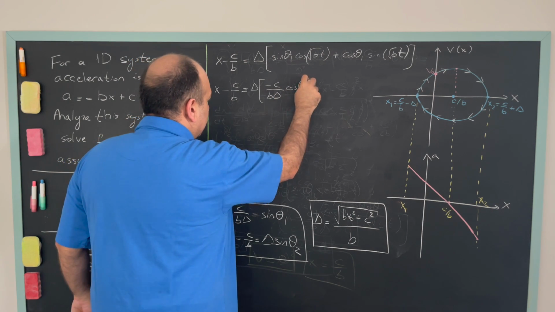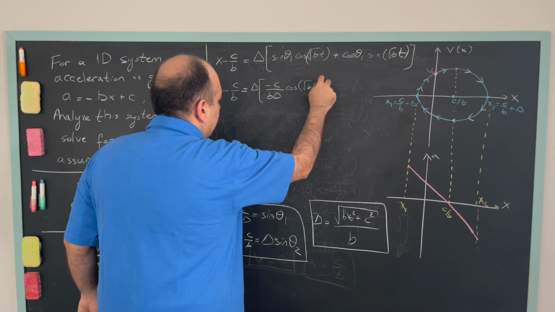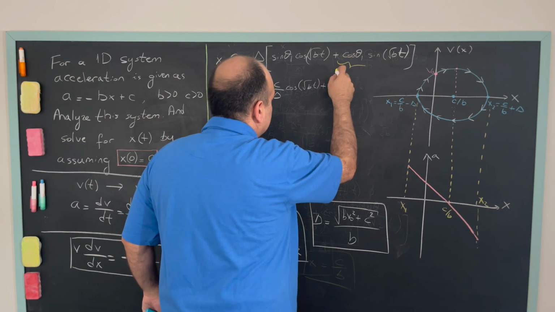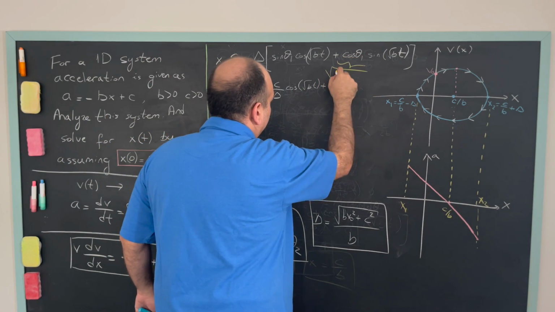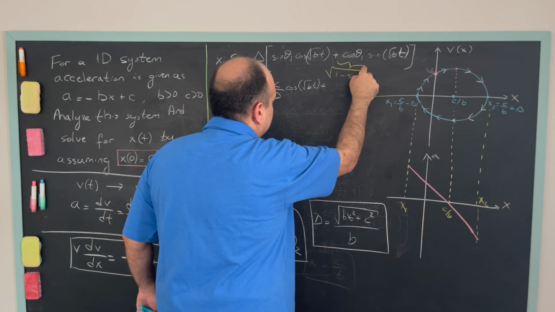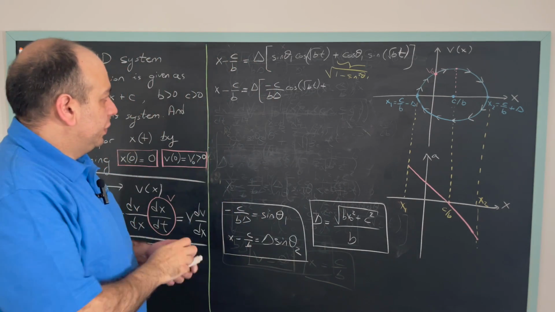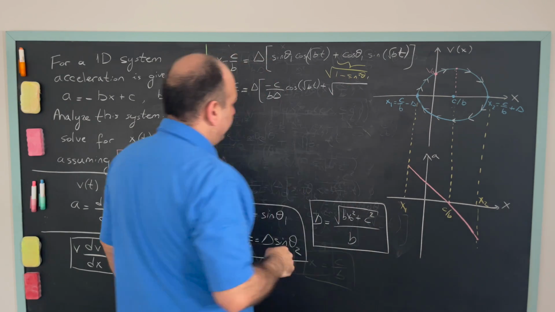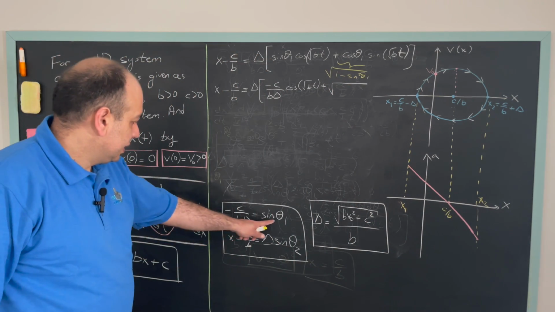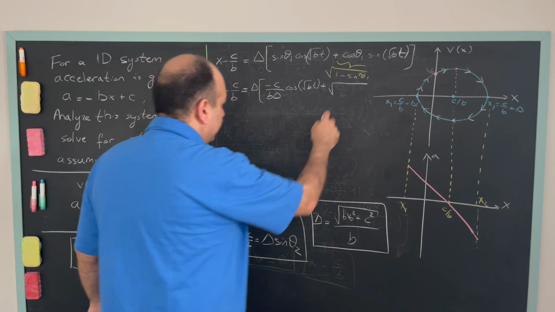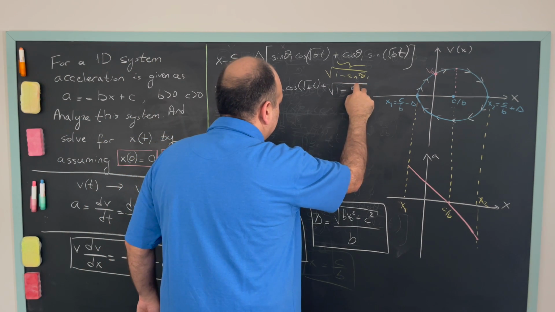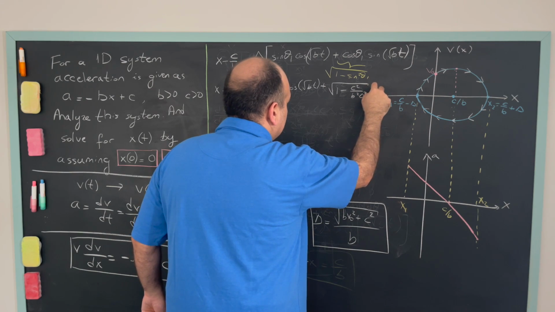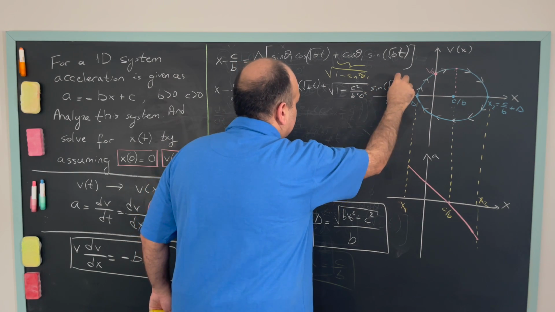So we have cosine of square root of b times t. Then plus, well, this term here, cosine theta 1, is equal to square root of 1 minus sine square theta 1. So this is going to be equal to 1 minus c square over b square delta square, okay, times sine of square root of b times t.